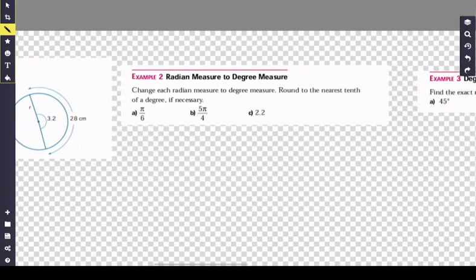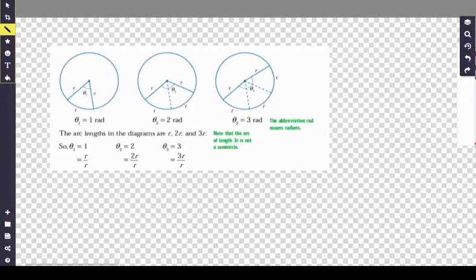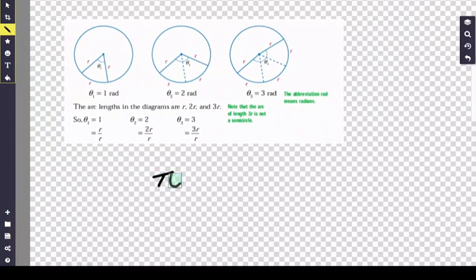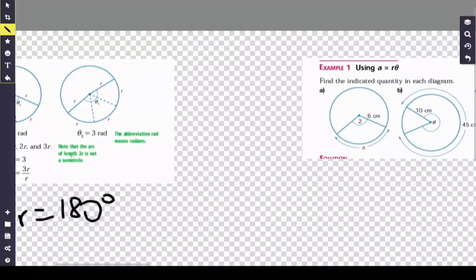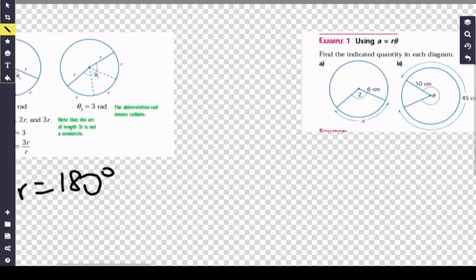So let's go ahead and convert radian measure to degree measure. Remember earlier I said pi radians is equal to 180 degrees. So right now we're trying to convert radian measures to degrees.